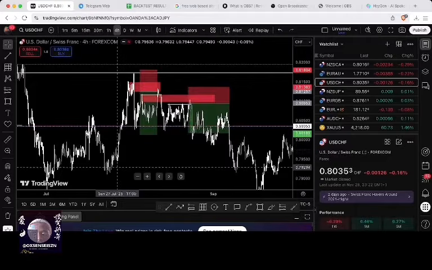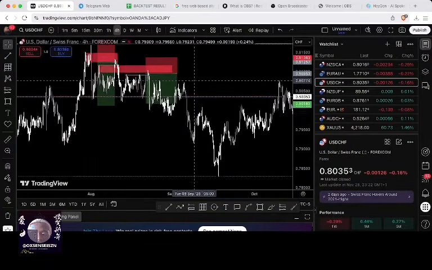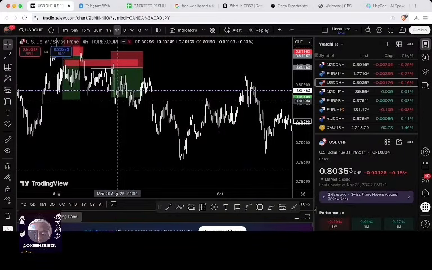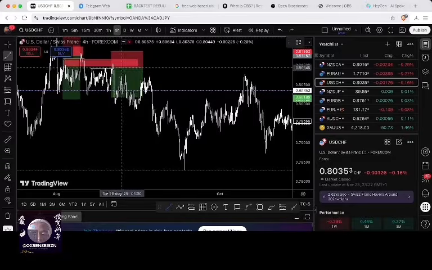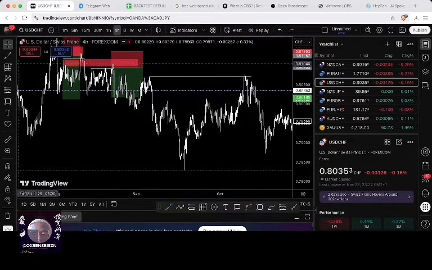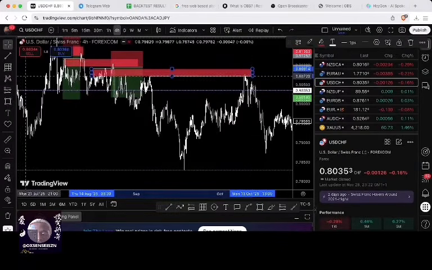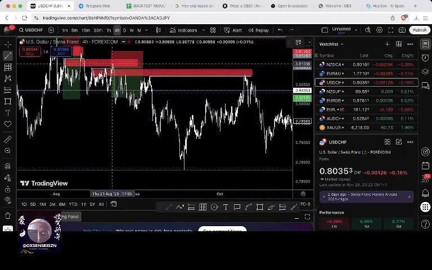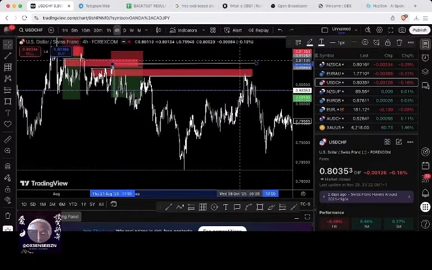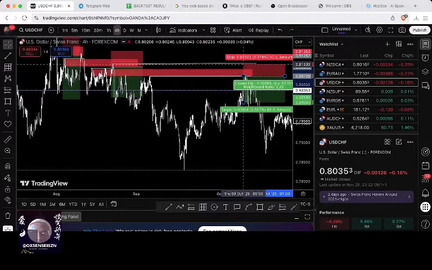So if we have an established range and price is now headed towards that draw on liquidity, you can now afford to take trades using the algo market structure as we approach that draw on liquidity. As you can see here, we have this algo structure here. This is our protected high in this case. Then price taps into it and boom, we sell to the downside.